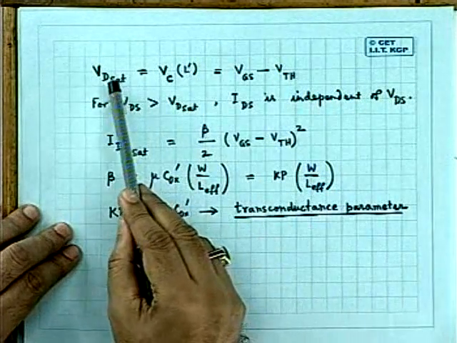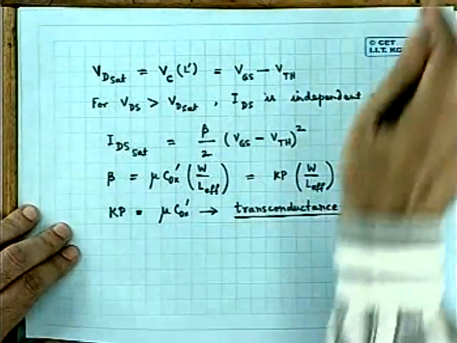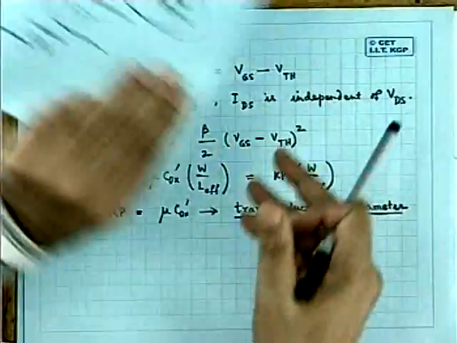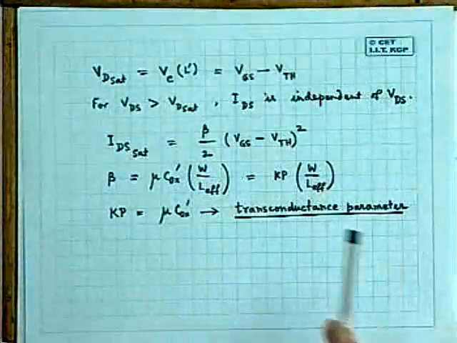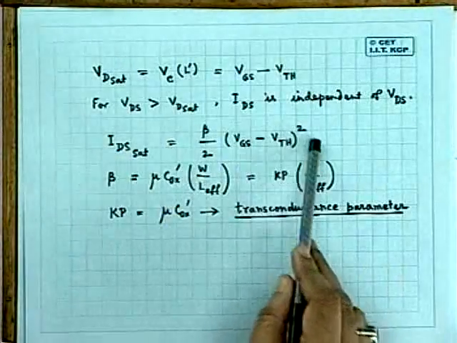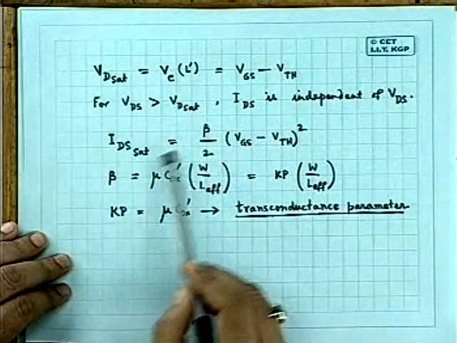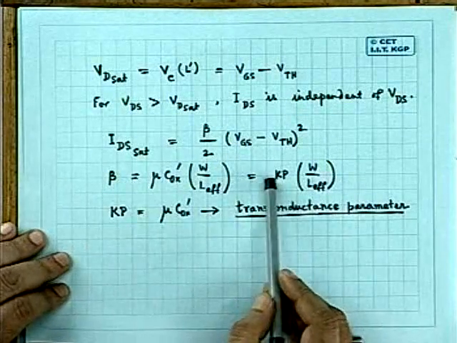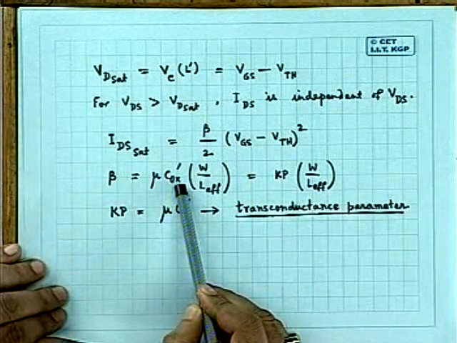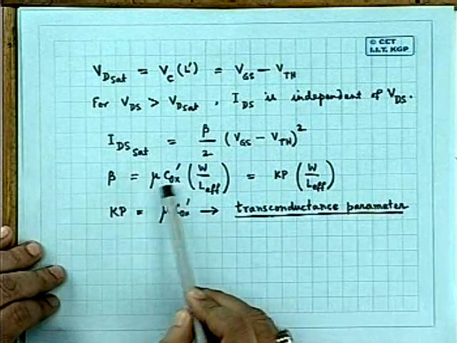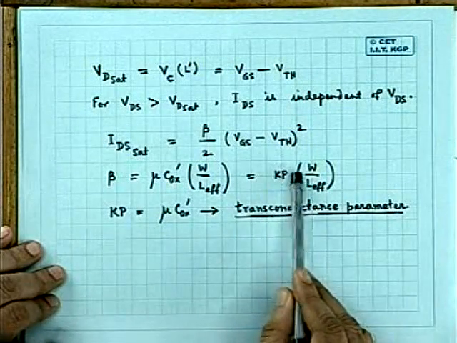So substituting the value of VD, which is VGS minus VTH, in the simple model equation, which is valid for the linear region, we get the current in the saturation region, where beta is a parameter defined like this, and in this mu COX dash is usually an important parameter of SPICE, and that is normally denoted by Kp.